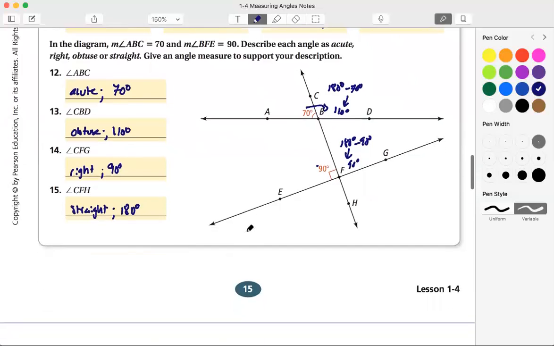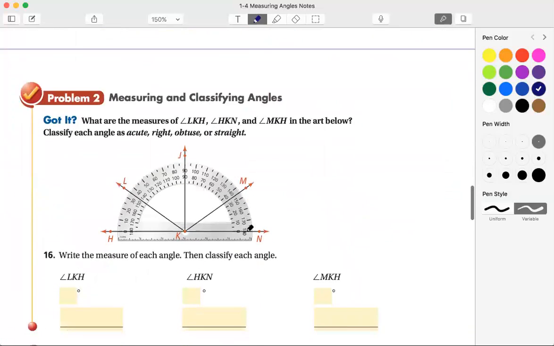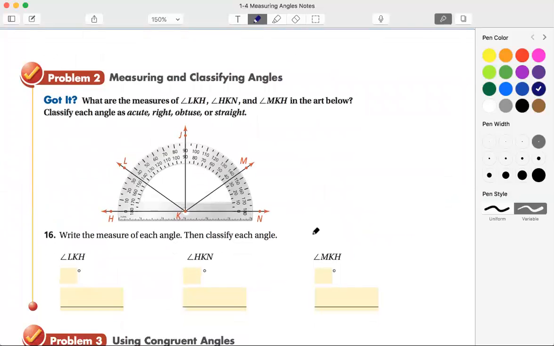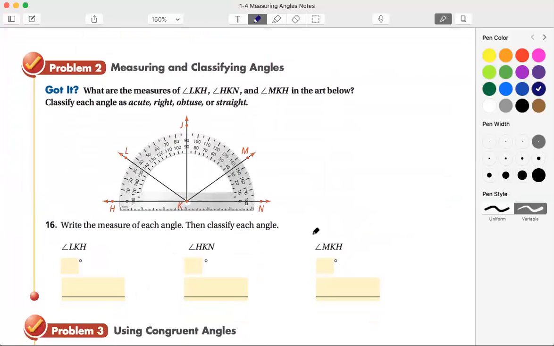Okay. Another way we can measure angles here is using a protractor. So here's a picture of a protractor, and let's classify the angles. So LKH is right here, and it looks to measure approximately 45 degrees, or 35 degrees, yeah, 35 degrees.